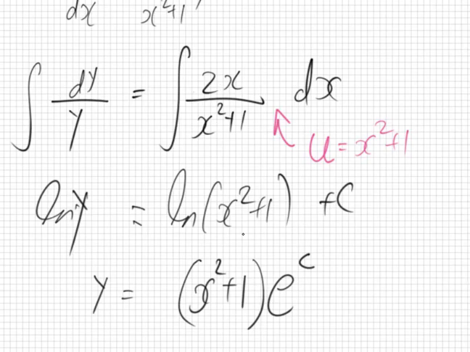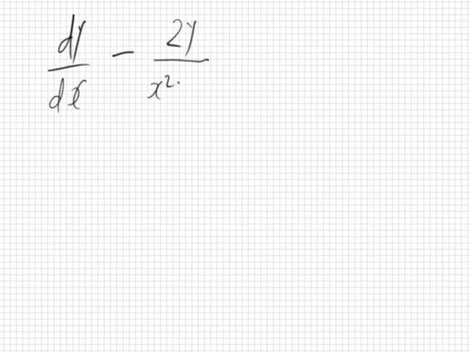So here's the question again. So dy dx minus 2y over x squared plus 1. Yeah, I actually think the question should have been typed as just y here, not the 2x, okay? So anyways, I'll do this one. Okay.